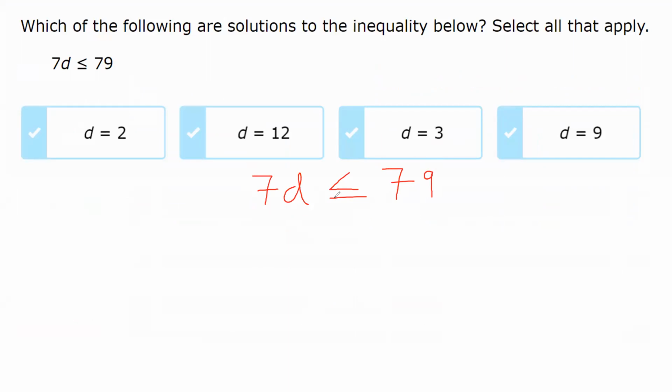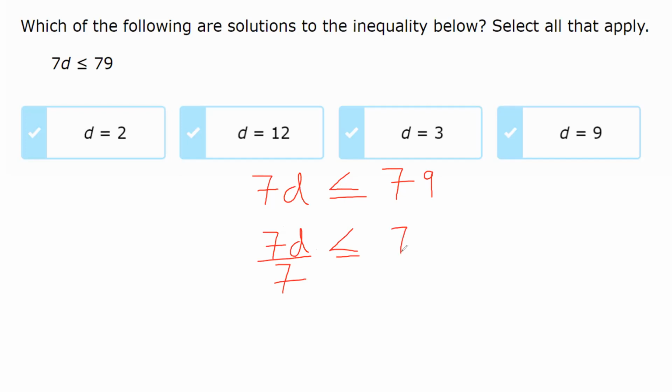In order to do this, Aaliyah, what must we do in order to solve for D? Divide both sides by 7. Very good. So we're going to take both sides and divide by 7. Make sure you write this down.